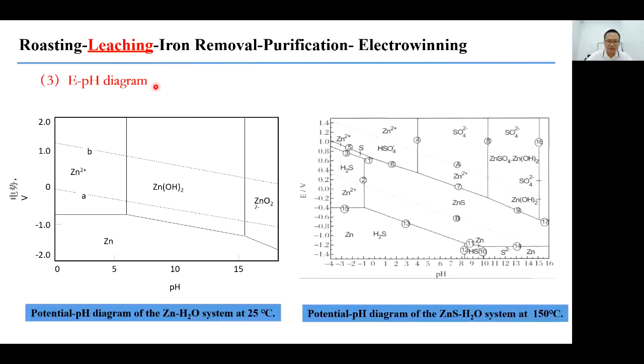Besides the pH value, the potential is also another important process parameter we should pay attention to. This is zinc hydroxide, and this is the stable region for zinc cations. This is hydrogen evolution, and this is oxygen evolution. So in this part it is a very wide range, and zinc can stay very stable in the aqueous solution under very gentle requirements of the solution.